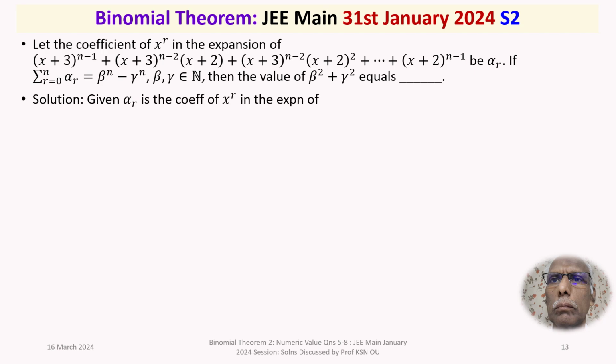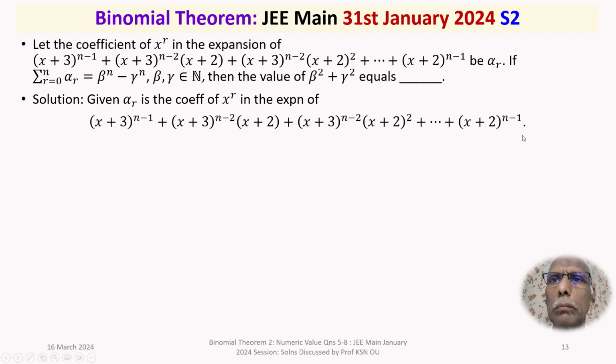We are given alpha r is the coefficient of x to the power of r in the expansion of that big expansion, which we have written here. Now, first of all, if we expand this, the highest power of x is x to the power of n minus 1.